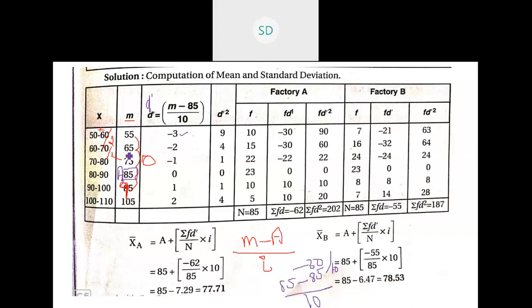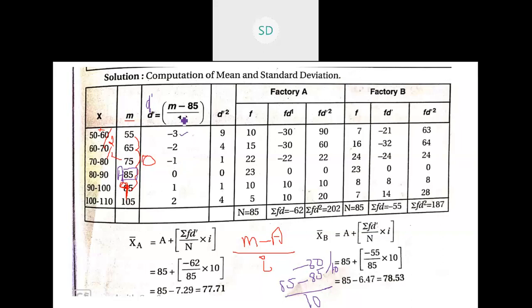Next, similarly, 65 minus 85 will give you minus 20. Minus 20 by 10 will be minus 2. Then 75 minus 85 by 10. 75 minus 85 is minus 10. Minus 10 divided by 10 will give us minus 1.